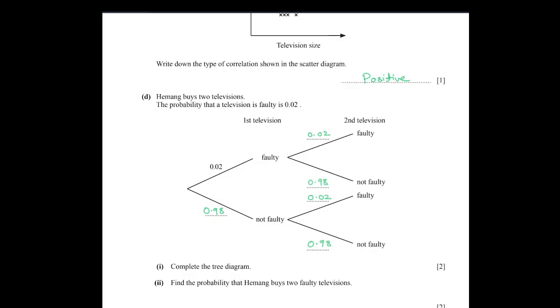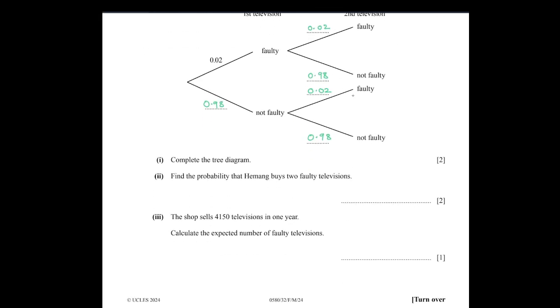Next question, find the probability that Himang buys 2 faulty televisions. So when two faulty televisions are taken, the probability is 0.02, 0.02. First also faulty, second also faulty. So 0.02 and 0.02 will be multiplied here.